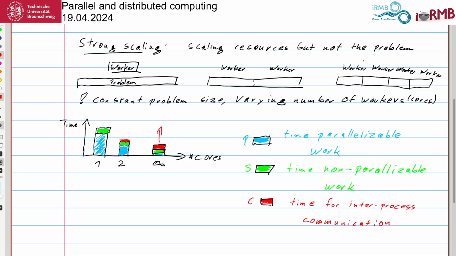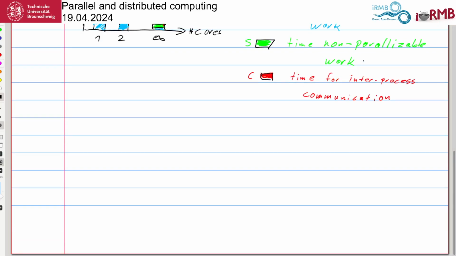So then, in order to take this a little bit more into numbers, we say that if the number of cores goes up, then the parallel part goes down, the serial part stays the same, and the communication part goes up.